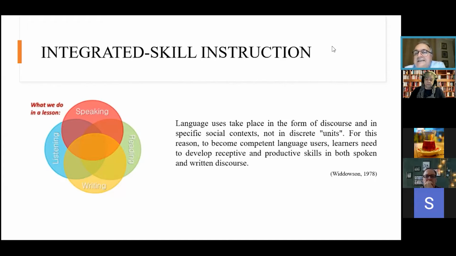I mean, they need to have some exposure, some input, right? So it could be spoken or written discourse. It doesn't make any difference. First of all, we should provide the necessary input for the learners, and then the learners are expected to produce something in the target language, in written or spoken discourse.